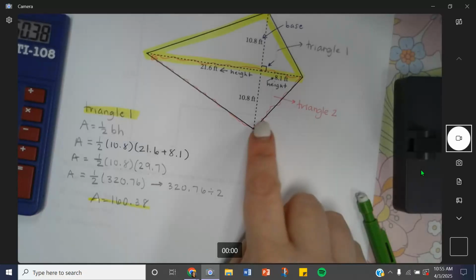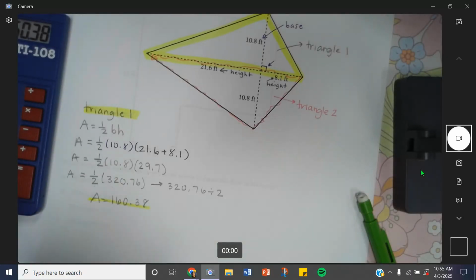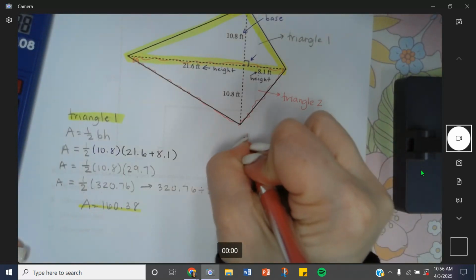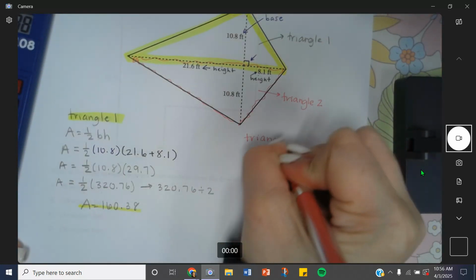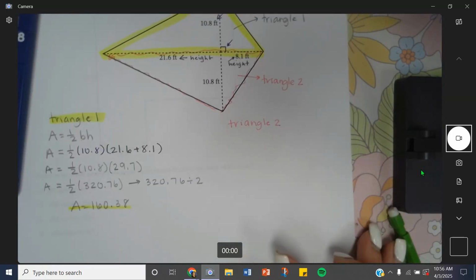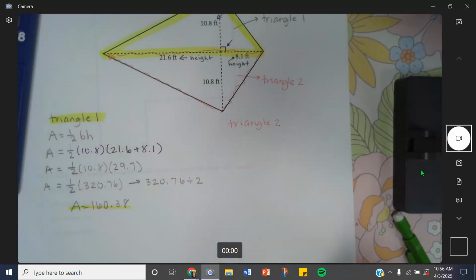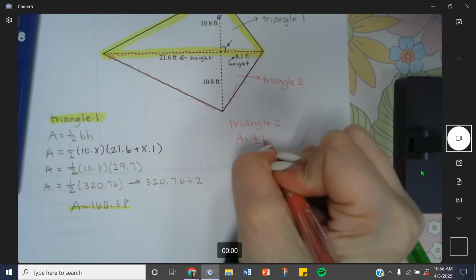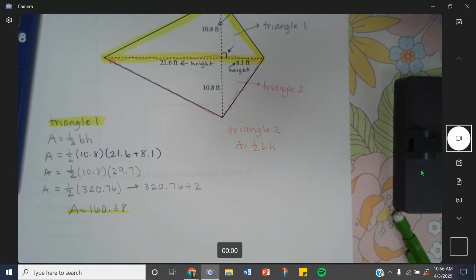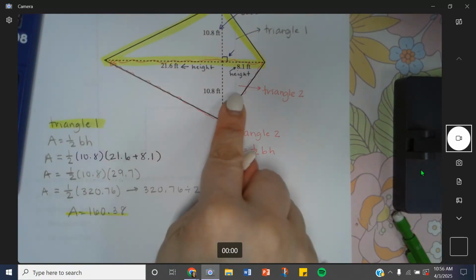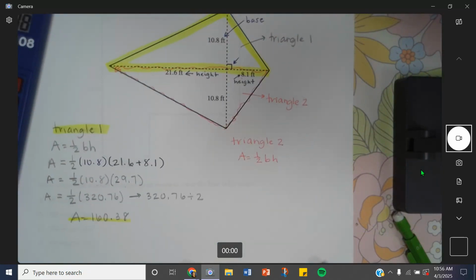Now let's go ahead and look at the area for the salmon colored triangle. So this is for triangle 2. Because I'm solving the area of a triangle, I'm going to reuse our area formula of area equals 1/2 base times height. And let's look at our salmon colored triangle in more depth.